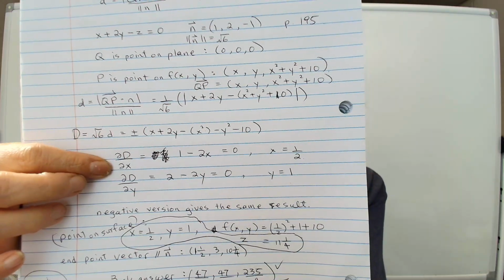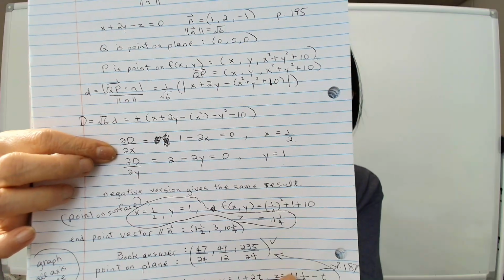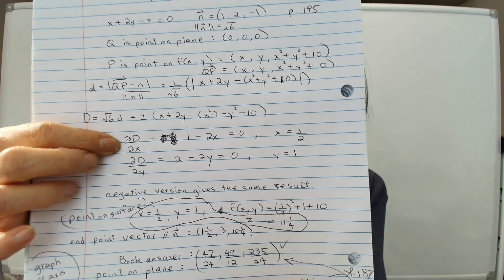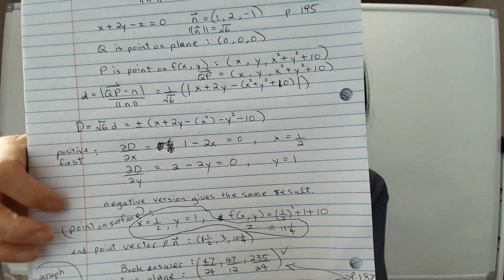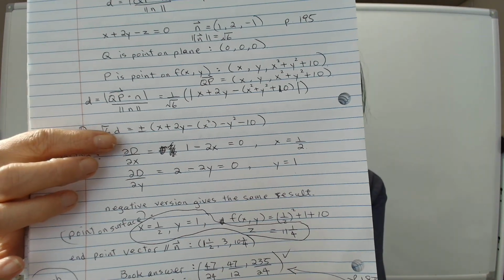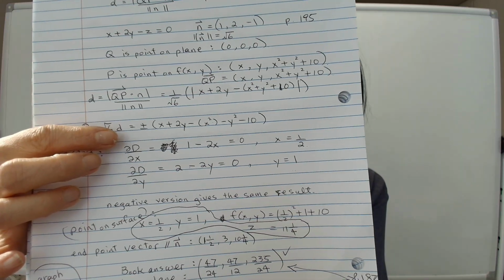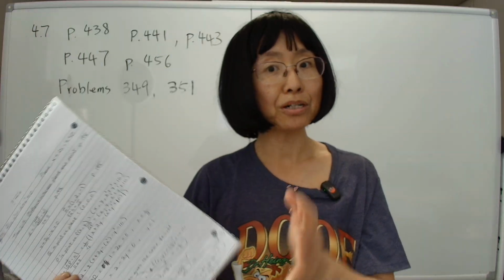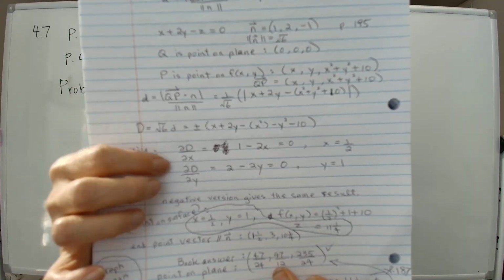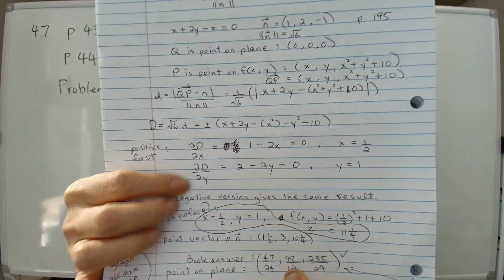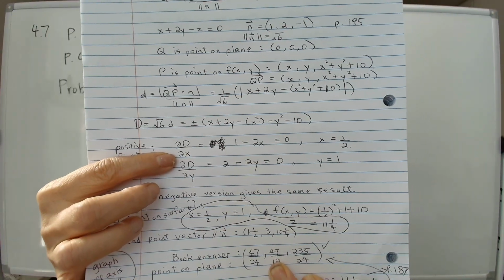Then we take the partial derivatives, and notice that there will be 2 of them. The distance is equal to plus or minus this thing, because the formula has the absolute value here. So you have to worry about a negative version as well. But not for long, because very soon you realize that whether it's positive or negative, you're going to set the partial derivatives to 0 anyway.